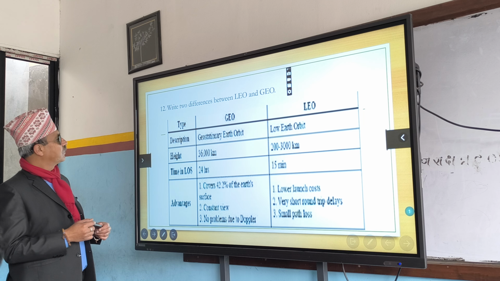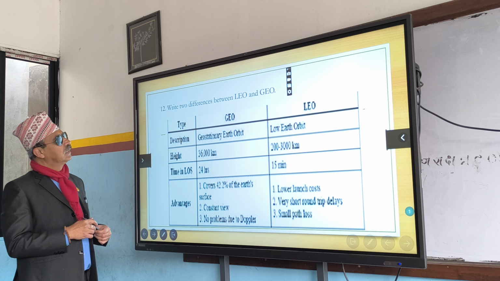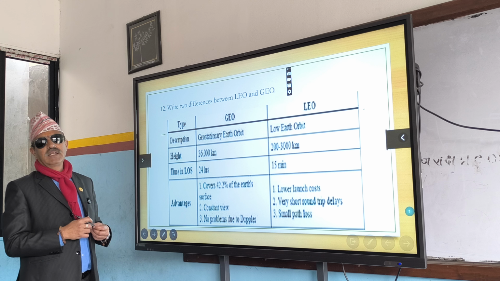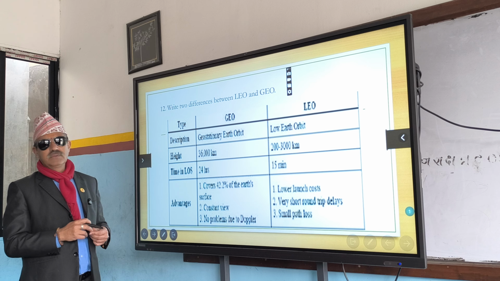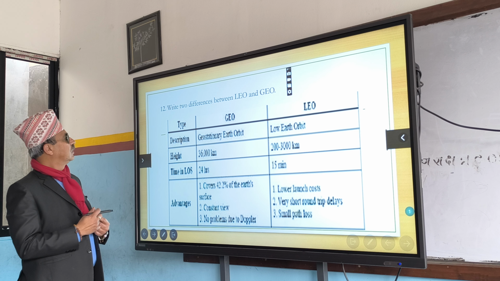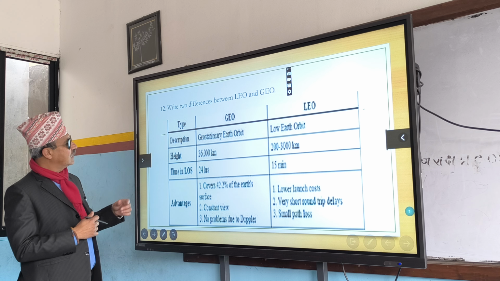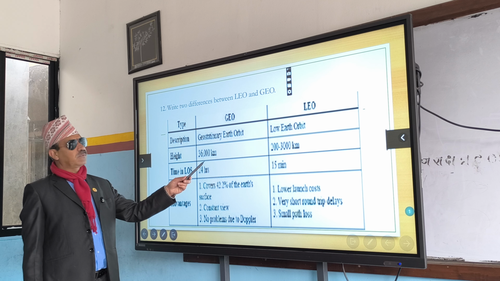Question number 12. Write two differences between LEO and GEO. LEO, low Earth orbit. GEO, geostationary orbit. Description, height. What is the height of GEO? 36,000. So it is kept over there.